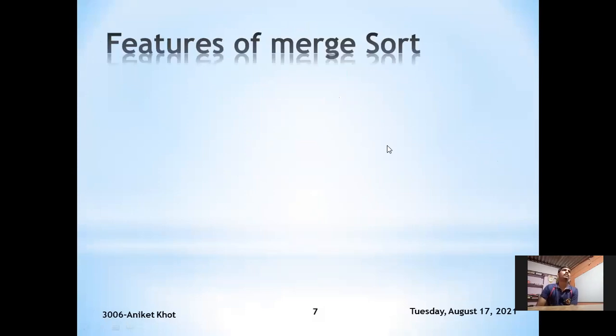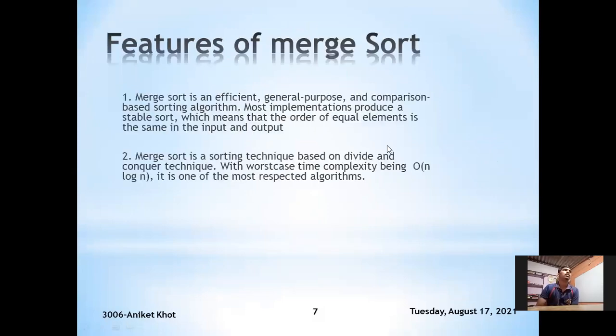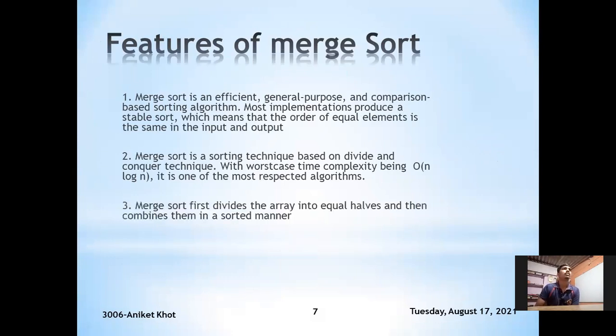So what are the features of merge sort? Merge sort is an efficient, general purpose, comparison based sorting algorithm. Most implementations produce a stable sort, which means that the order of equal elements is the same in the input and output.